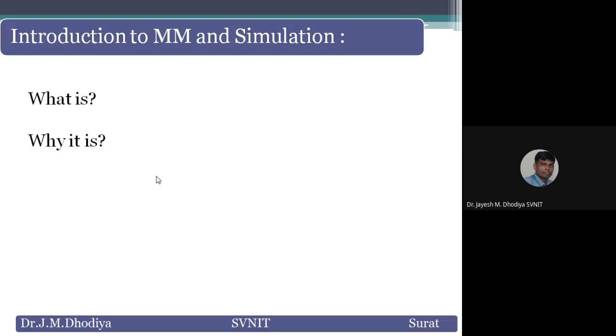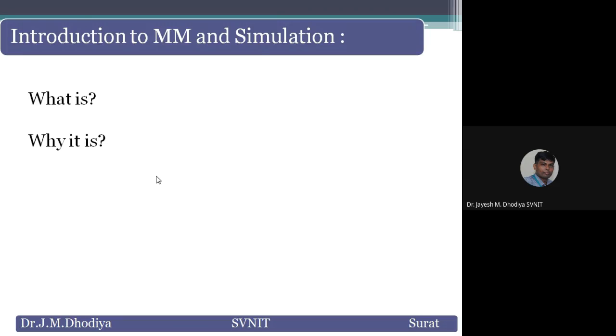So similarly, here we are starting with mathematical model and simulation. Then several questions arise. What is a mathematical model and why a mathematical model? What is a simulation model and why a simulation model? So we start one by one. First, we try to understand what exactly the mathematical model is and what exactly the simulation model is.